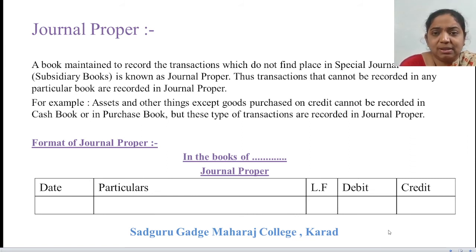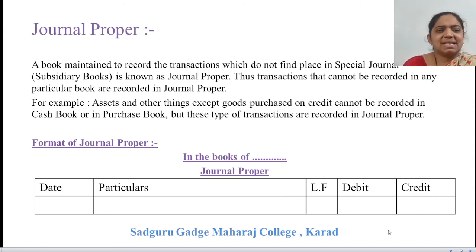Thus, transactions that cannot be recorded in any particular book are recorded in journal proper.